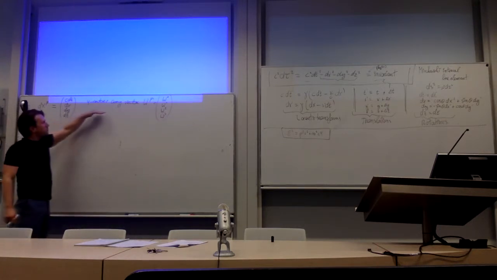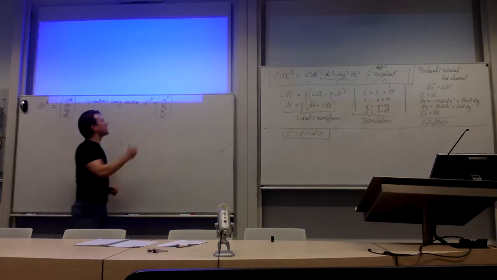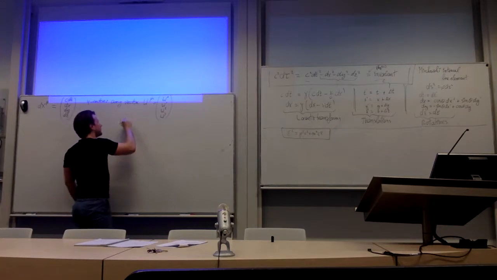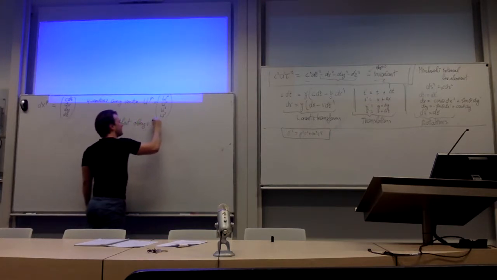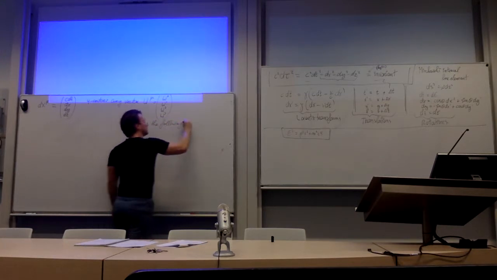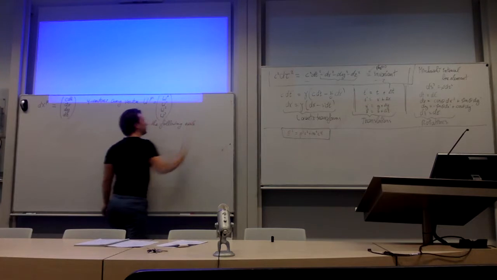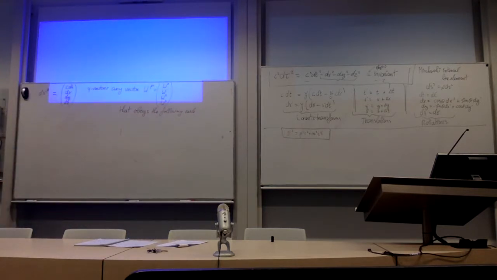Now, I was defining for you what a 4-vector is. I say it's any vector that you can write in this way. And here's the defining characteristic: it obeys the following rule. We've seen that numbers typically change from one observer to the next.